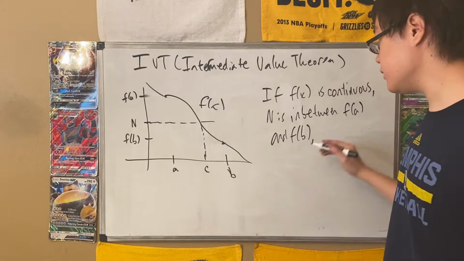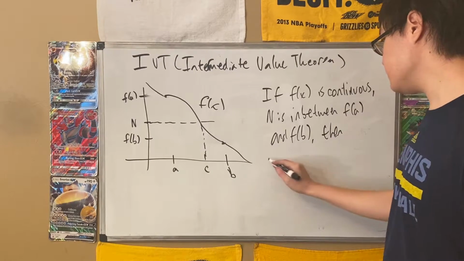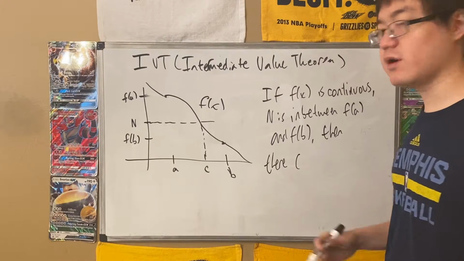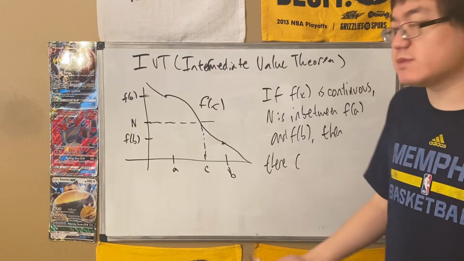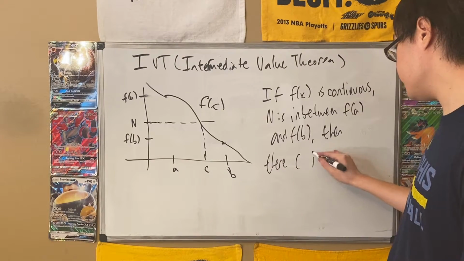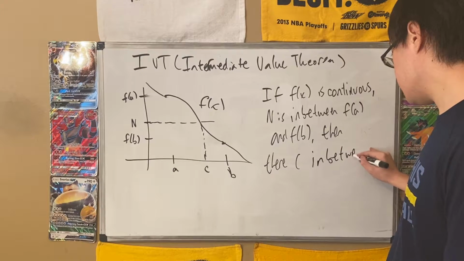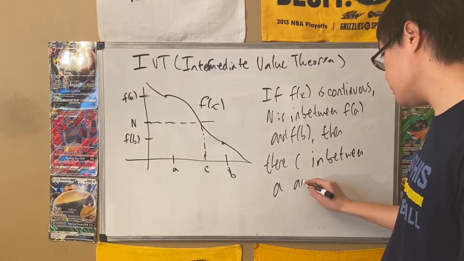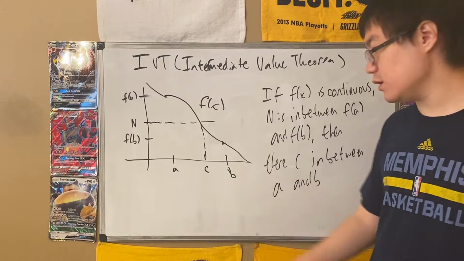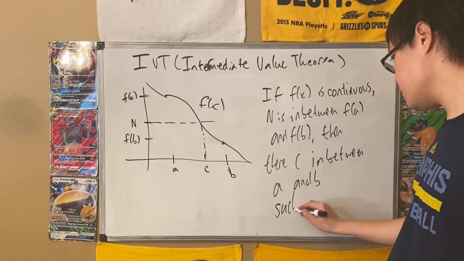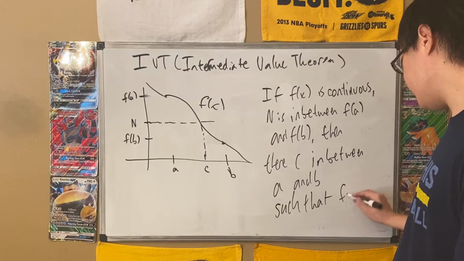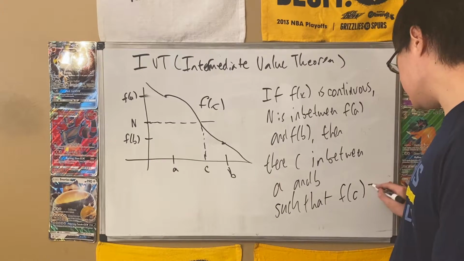Then there's some c in the interval, so there is some c, but we're never going to be able to find c, but there is some c in between a and b. So it's within this interval a and b, such that f of c is equal to n.